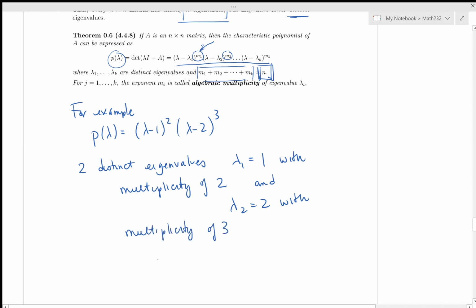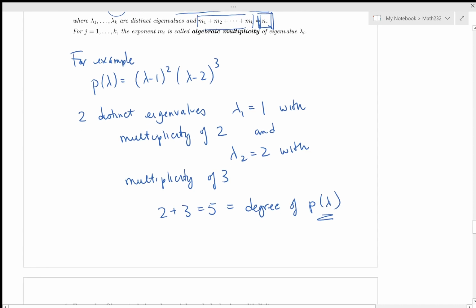And you will see that 2 plus 3 is equal to 5, which is equal to the degree of p of lambda, and that this characteristic polynomial came from a 5 by 5 matrix.